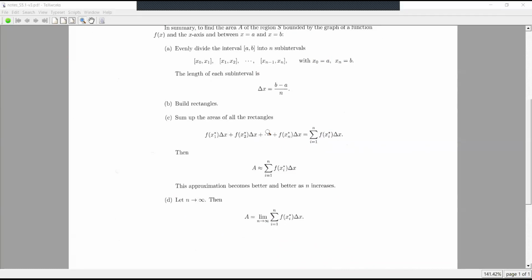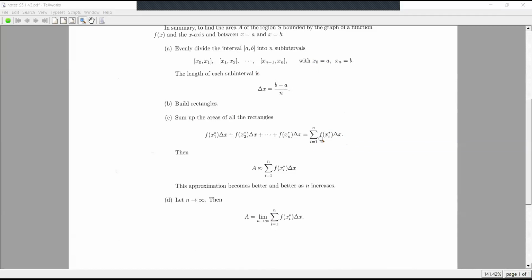The general term is f xi star times delta x, the general term of the left side. Then what is i? i goes from 1 to n. When i is 1, the general term is the first term.